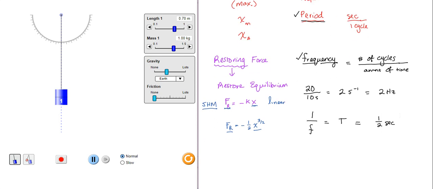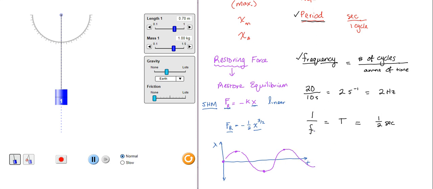Now we can visualize the motion here by graphing the position as a function of time. Let's say we start at equilibrium, over time we have a positive maximum displacement, and then a negative maximum displacement, positive and then negative.